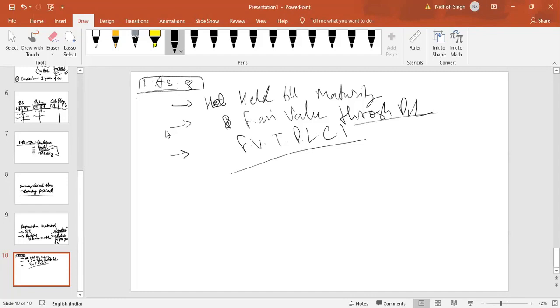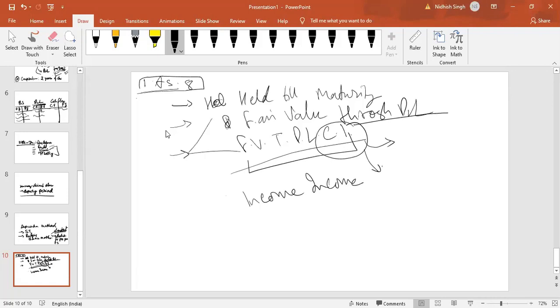One goes directly into the P&L, another goes into the comprehensive income. Why the comprehensive income? Because there are certain numbers which are reported in the financial statement like an income statement. We still report these two in the income statement, but fair value through P&L goes on the top side, and fair value through comprehensive income goes at the bottom.